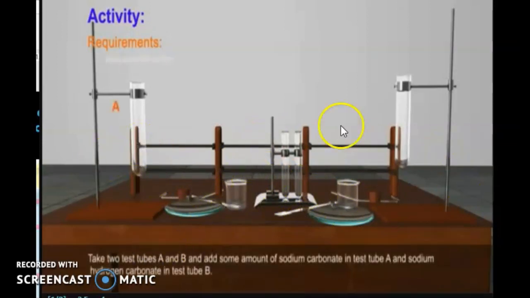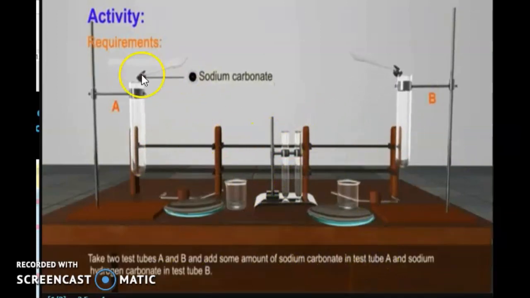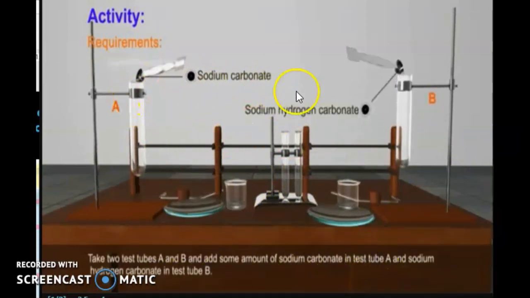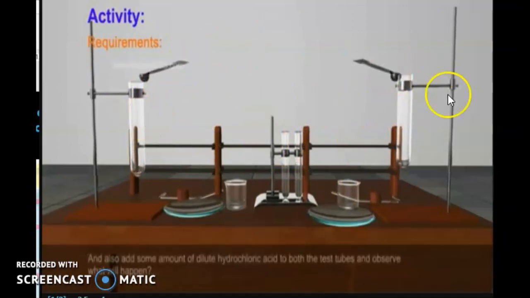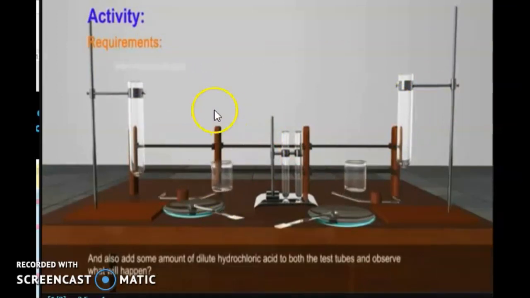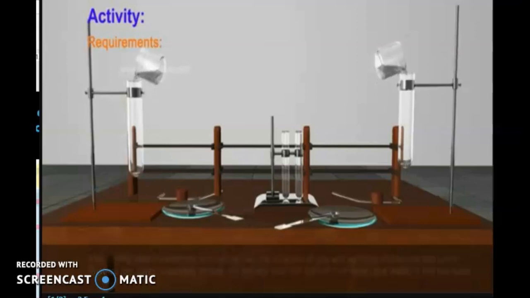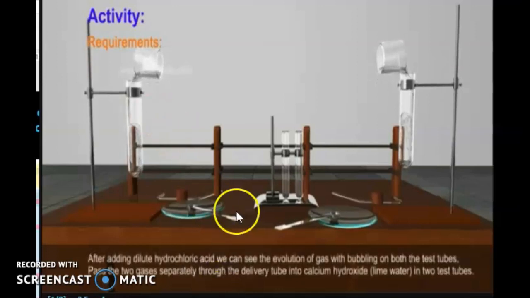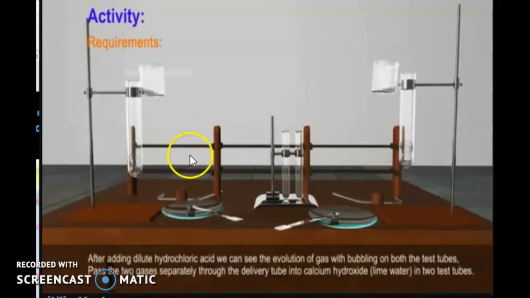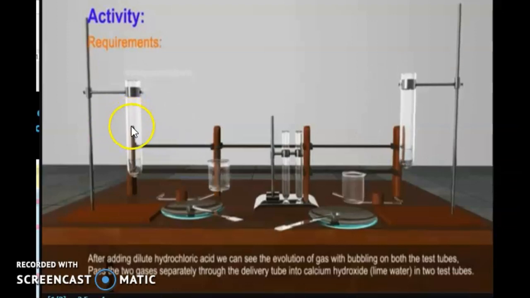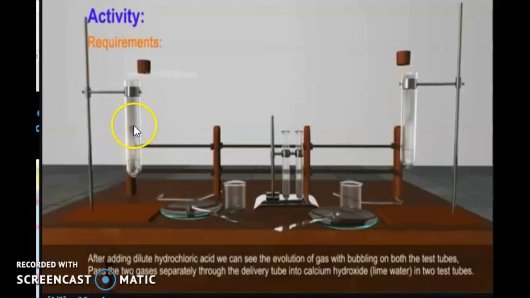Take the two test tubes A and B and add some sodium carbonate in test tube A. Here it is sodium carbonate, and here it is sodium hydrogen carbonate. Now pour the hydrochloric acid into them. Add a small amount of dilute hydrochloric acid, and after adding it, we can see the evolution of gas with bubbling in both test tubes.